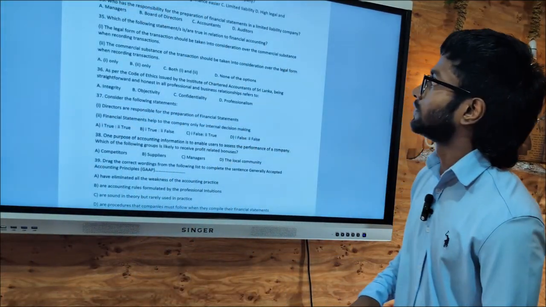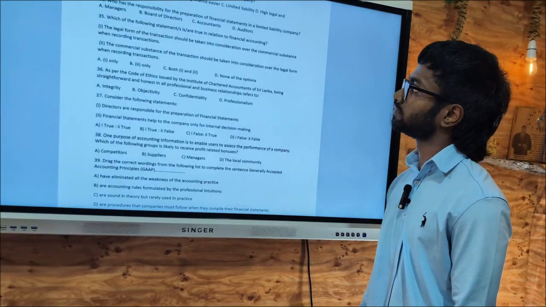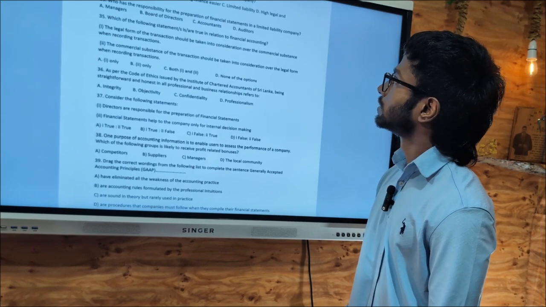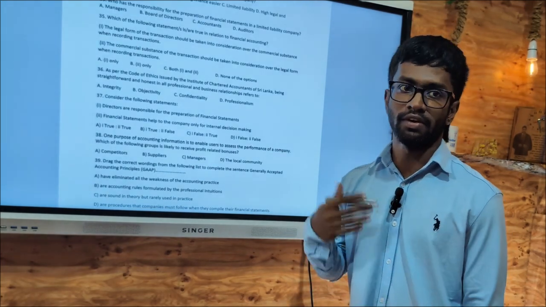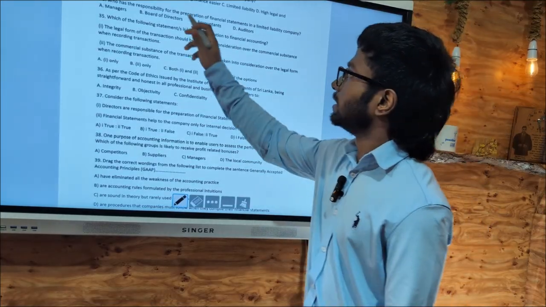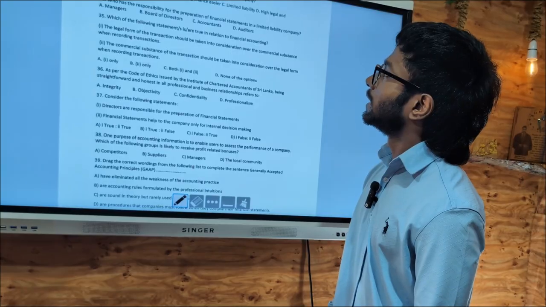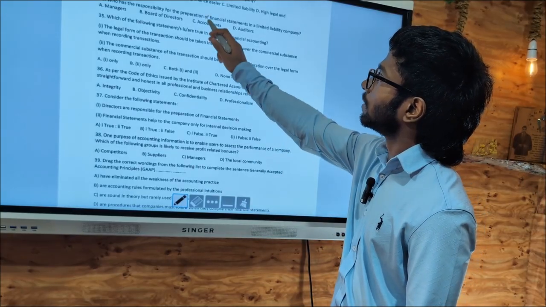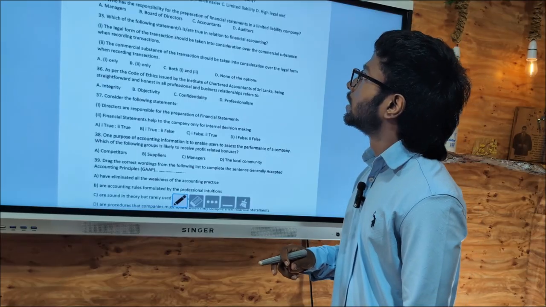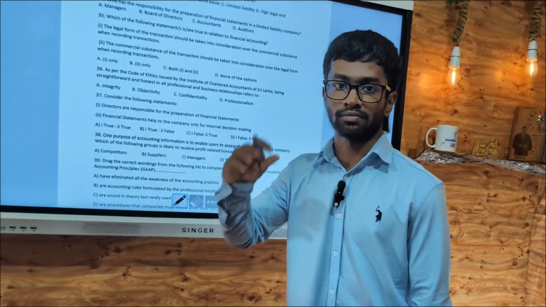So 34, which of the following is not a disadvantage of a limited liability company? They are asking what is not a disadvantage. So then they are asking basically what is the advantage. Having a separate legal entity. Raising finance is easier. Not a disadvantage. It says what is not an advantage. So opposite of what I said.